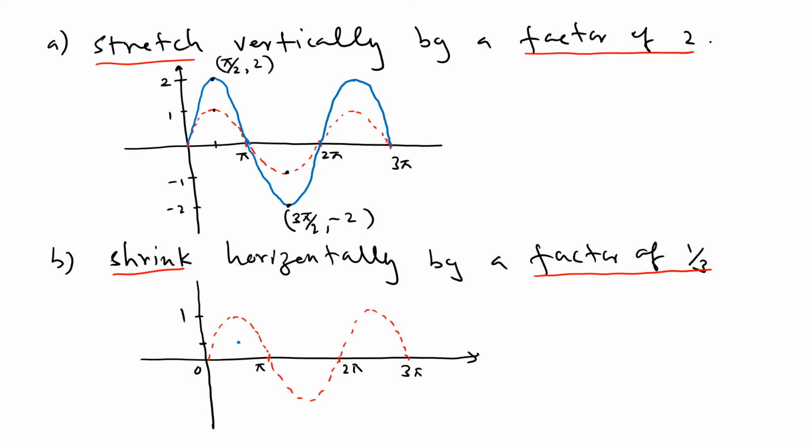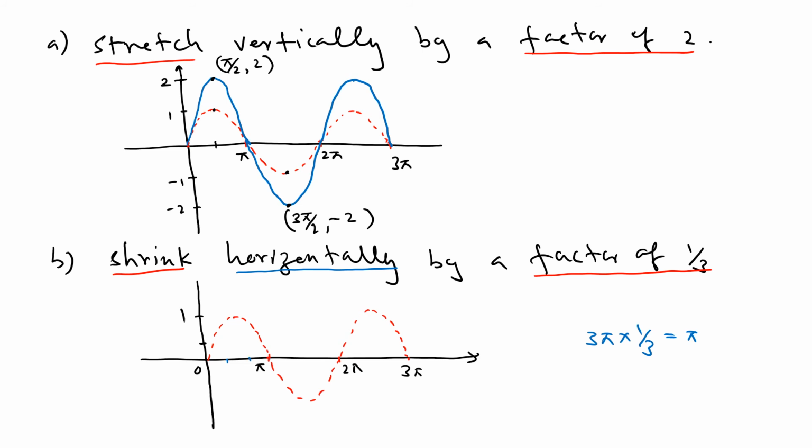So we don't need this one. It's horizontal. That means 3 pi, if you shrink it by 1/3, becomes pi. The point at 3 pi moved to pi now. The point at pi moved to pi over 3.